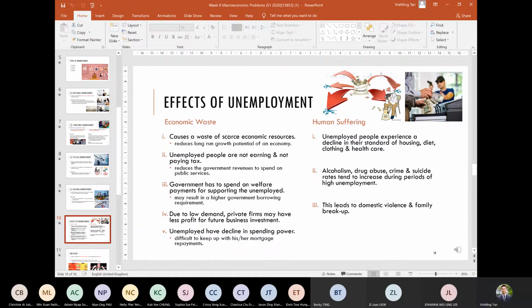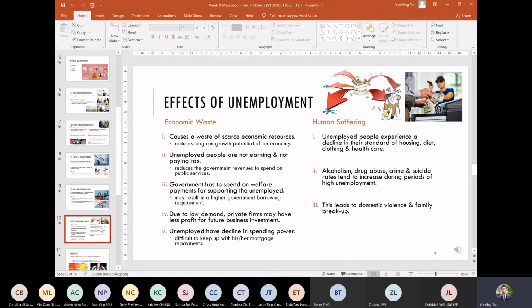All right, and we also already learned why we like to know about unemployment, because it can have an impact on the economy and also the society of a country. This may create economic issues and also social issues for a country if the government is not able to monitor or control the unemployment rate.